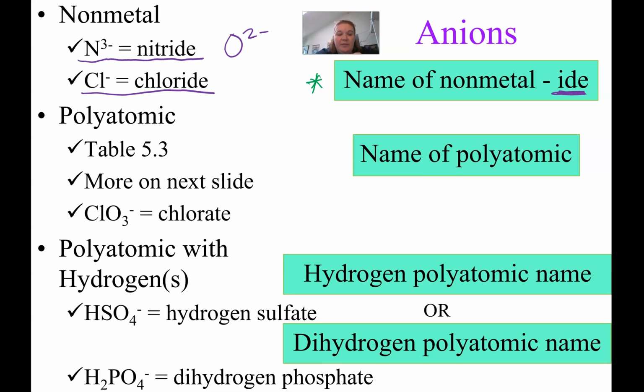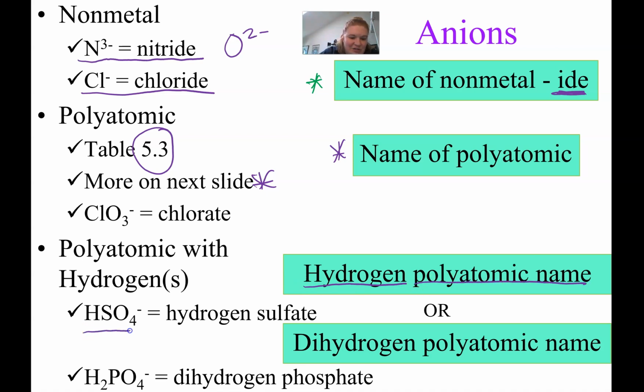For the polyatomics, again, table 5.3 will give you some examples. More on the next slide. But really, it's just going to be the name of the polyatomic. The hard part here is knowing what the name is, and I'll show you that on the next slide to help you out. And then the last one is if we have a polyatomic with a hydrogen. If it just has one hydrogen, we're going to say hydrogen and then whatever the polyatomic's name is.